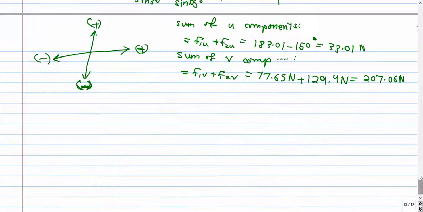Now to find the resultant, we can't use the resultant formula that we used for axes that were perpendicular, since these axes are not perpendicular. So we are again going to use the vector triangle to add these two resultant components for the resultant force. The component along the u-axis would be like this, while the component along the v-axis would be like this.